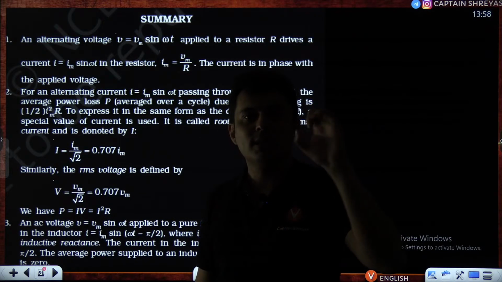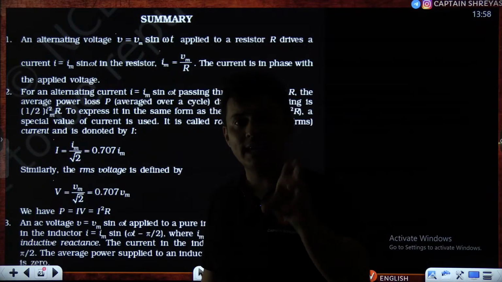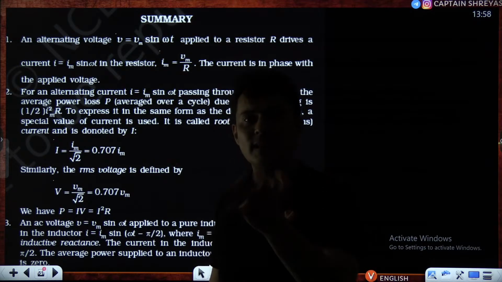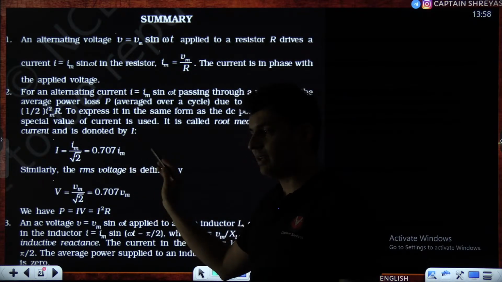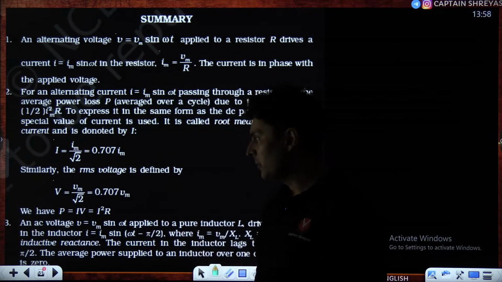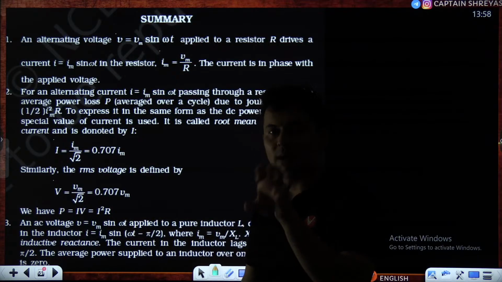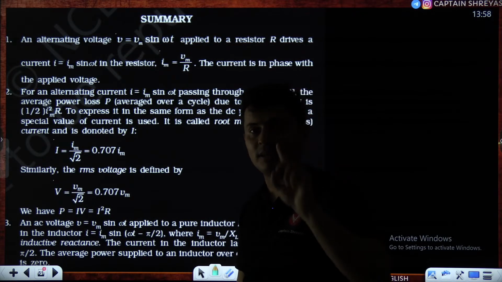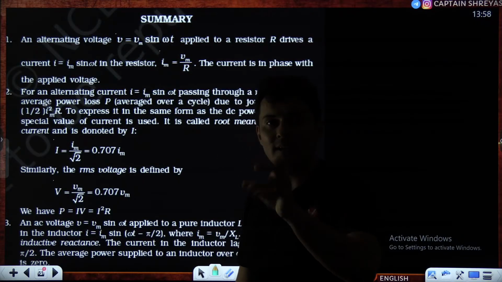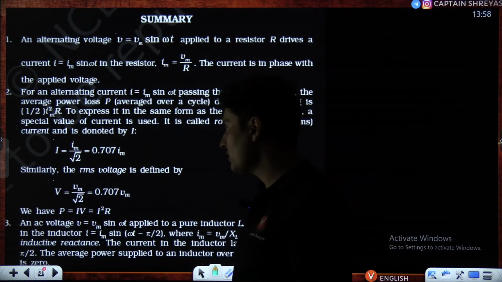That value of the current or voltage which behaves like the AC and produces the same power is called RMS. RMS is maximum by root 2 or 0.7 times the maximum value. And you can directly use power is V squared by R, I squared R, where I and V are the RMS values. Those are those equivalent values which produce the same losses.